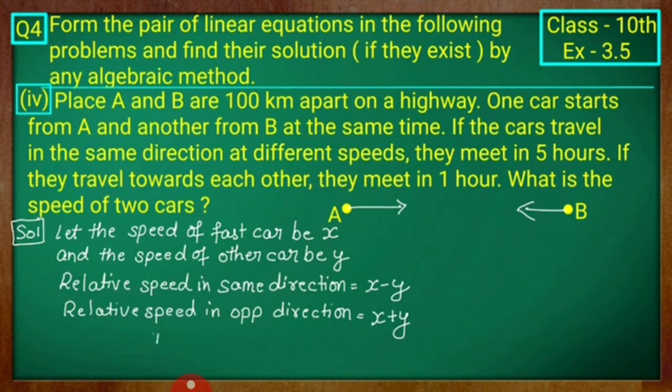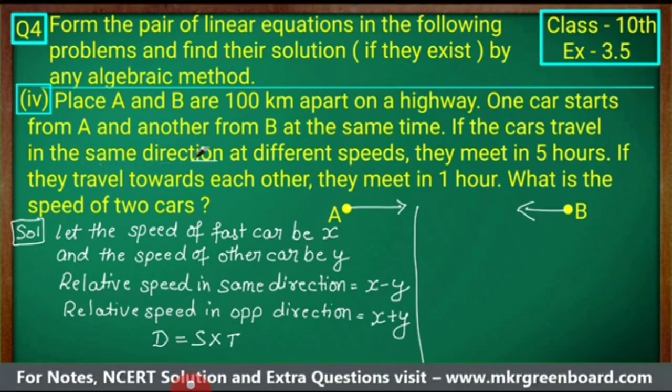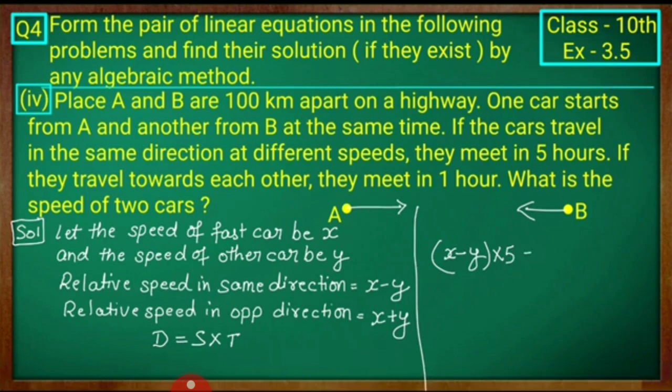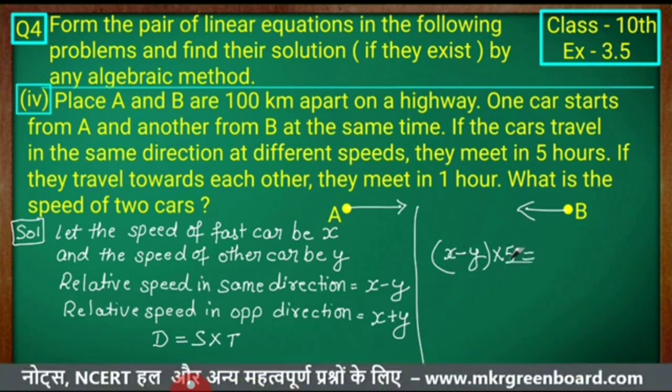Now we have distance is equal to speed into time. For both the relative speeds we need to form a pair of linear equations from the two conditions. If the cars travel in the same direction at different speeds, they meet in 5 hours. This is the first condition. So the relative speed for the same direction is x minus y, the time is 5 hours, and the total distance between the two cars is 100 km.